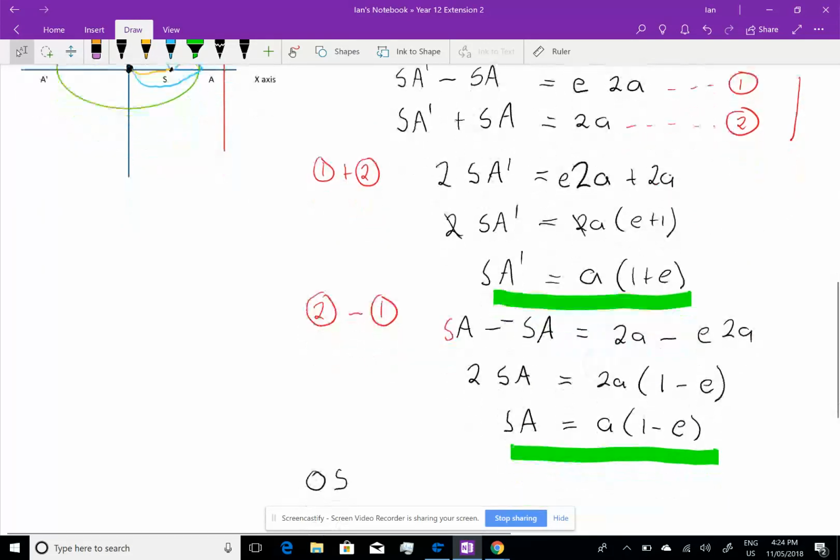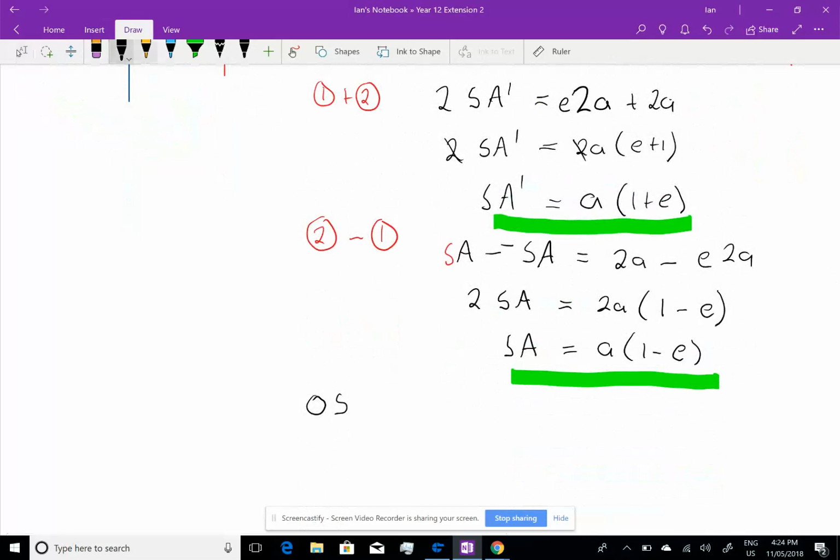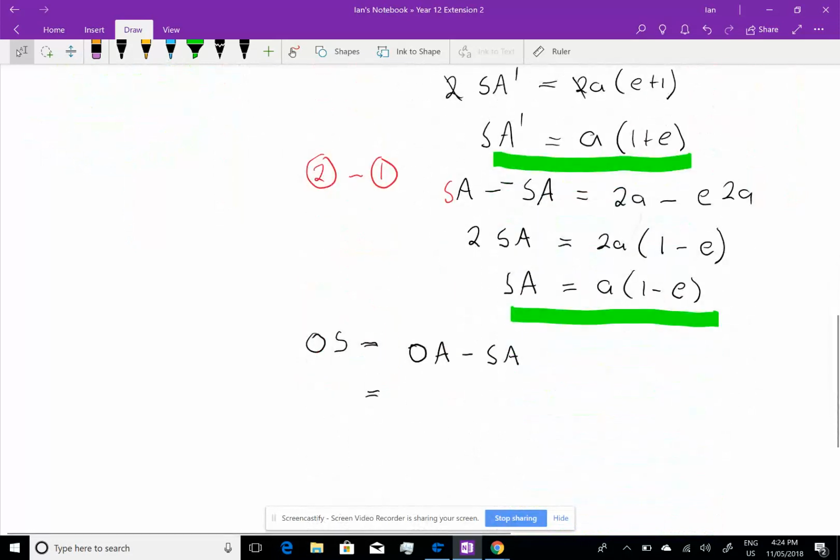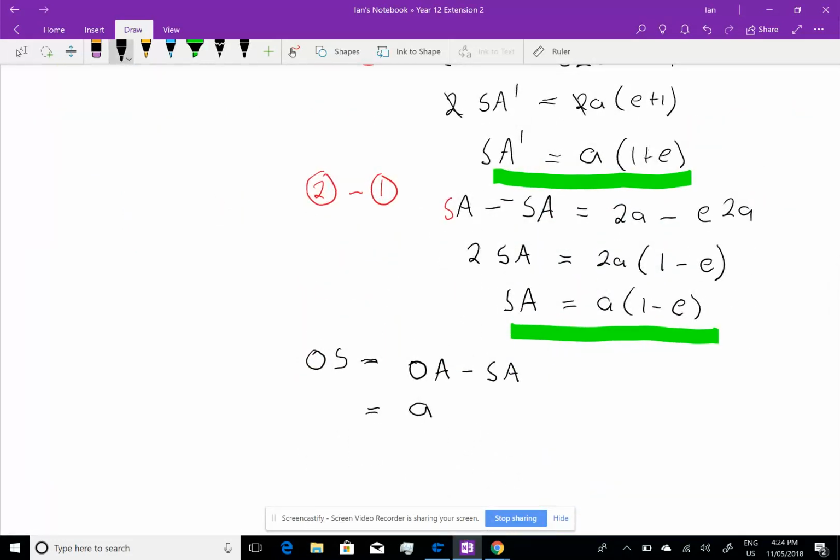All right. So OS equals OA minus SA. Well, OA, that's just the length of the semi-major axis, which is A. And SA, we have here.